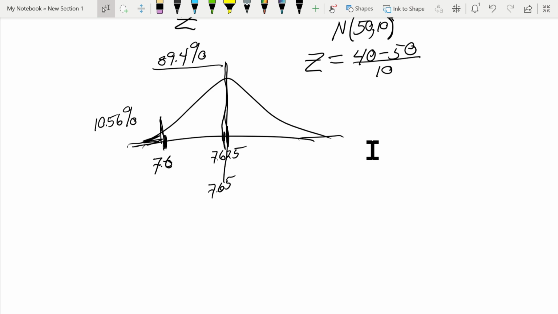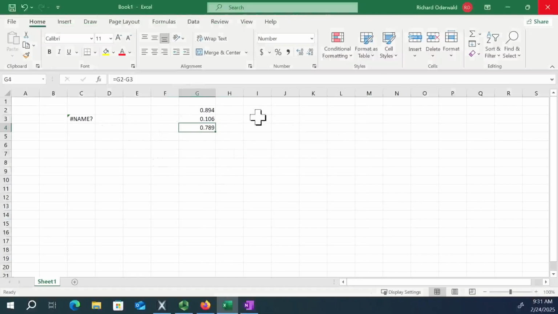INV, you give it a probability, it gives you a number. The dist, D-I-S-T, you give it the number, it gives you the area. So if I want 85%, I use the .INV.